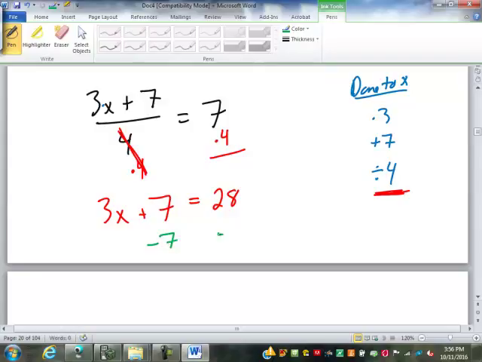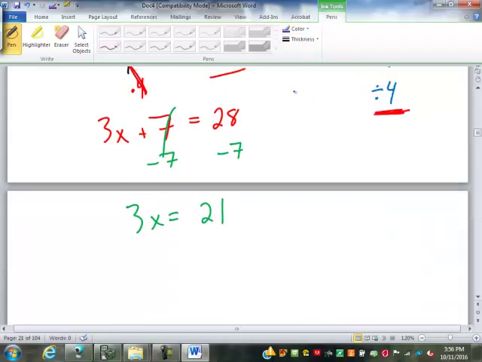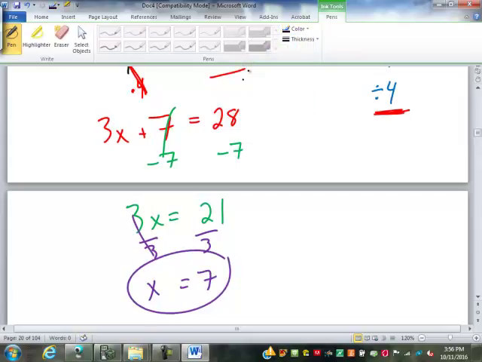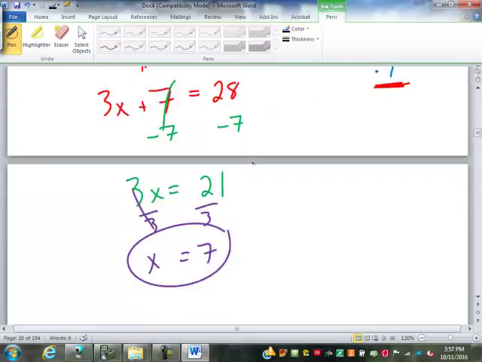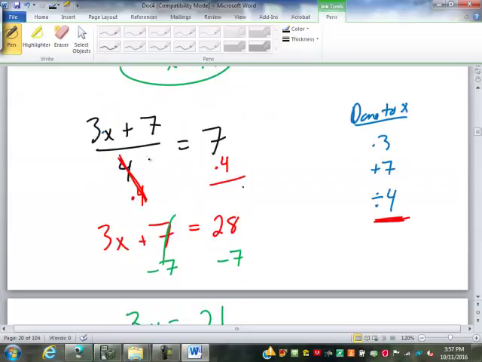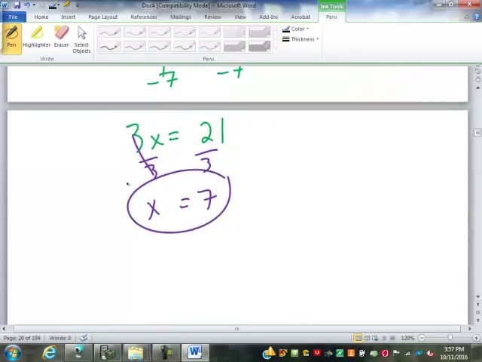Subtract 7. 3x equals 28 minus 7 is 21. And then divide by 3. x equals 7. So the key is, you see that the last thing that was done is dividing by that number. We start out by multiplying by that number to get rid of it.